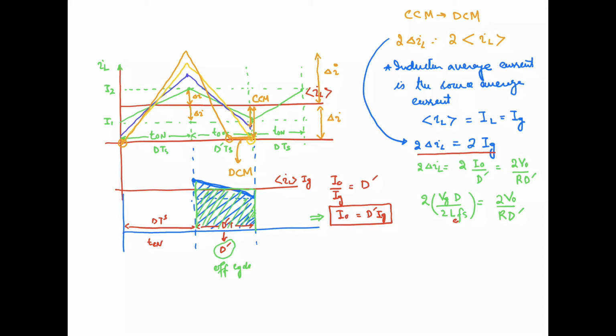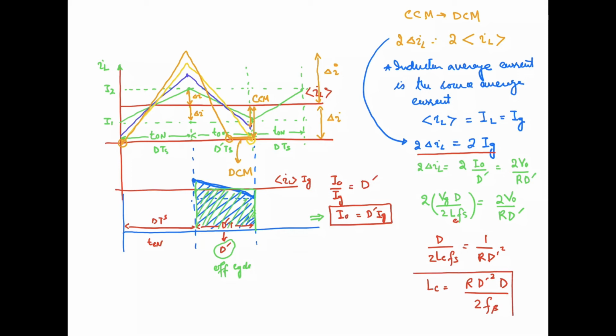So now simplifying this, we can write that D by 2 LC into Fs is equal to 1 by R into D prime square, right? And now finally I can say that LC will be equal to R into D prime square into D divided by 2 into Fs.